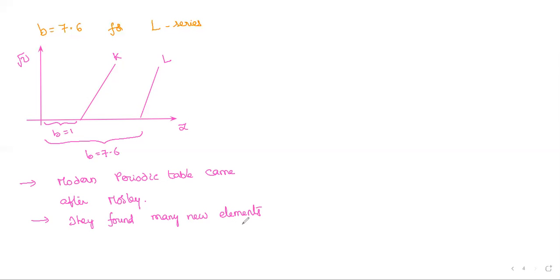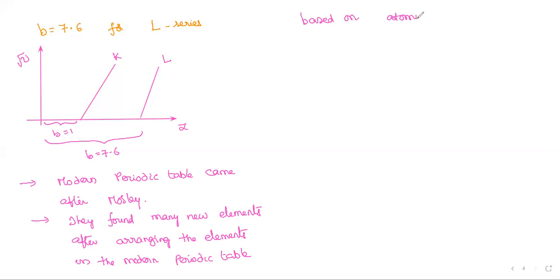They found many new elements after arranging the elements in the modern periodic table based on atomic number. These were the corrections proposed by Moseley.